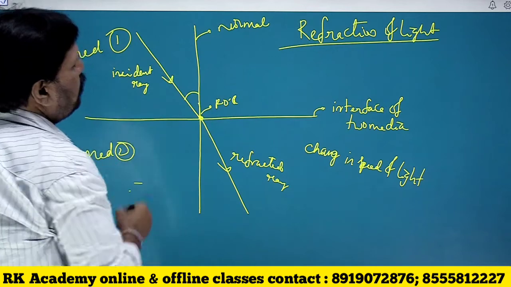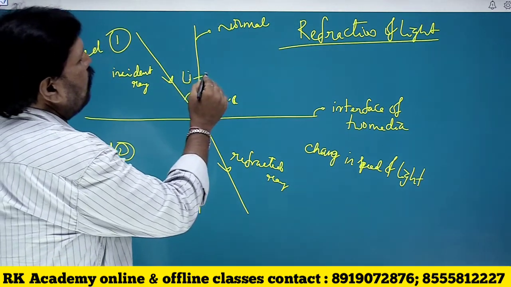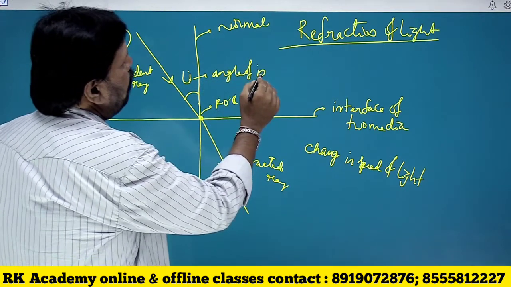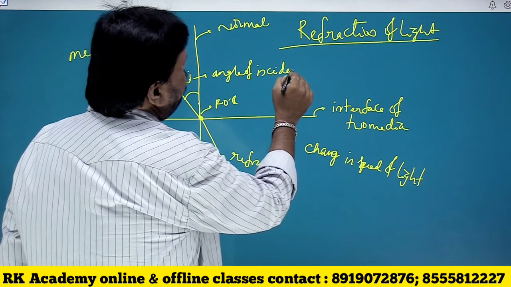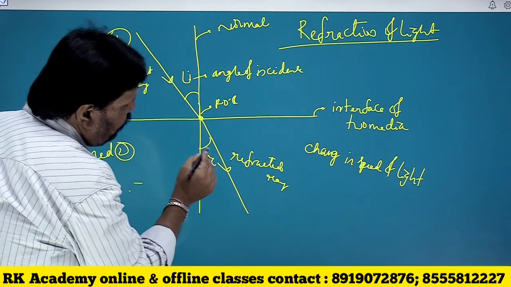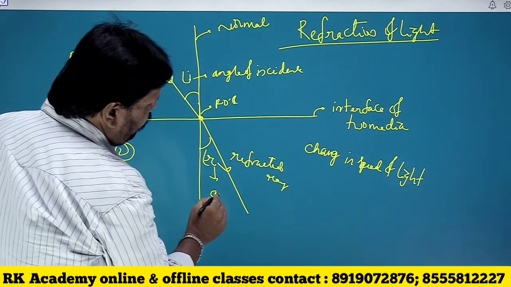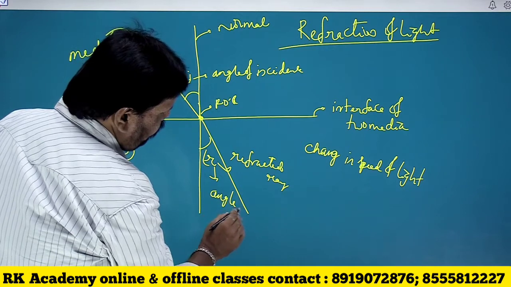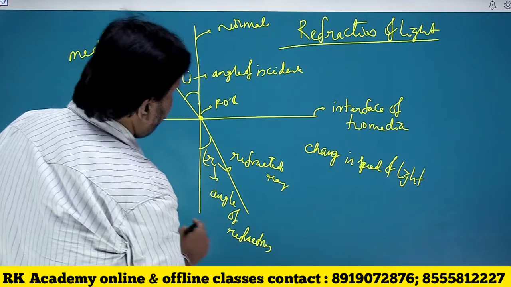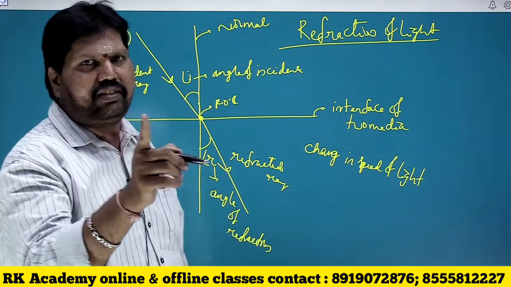The angle subtended by the incident ray with the normal is the angle of incidence, and the angle subtended by the refracted ray with the normal is known to be the angle of refraction.